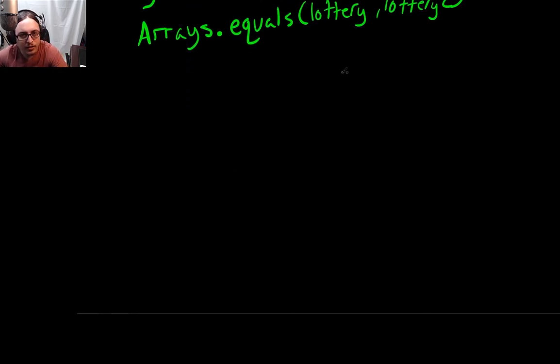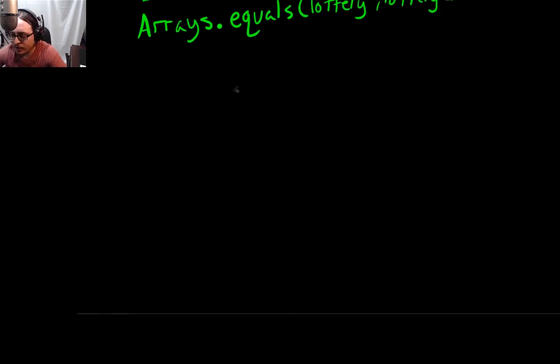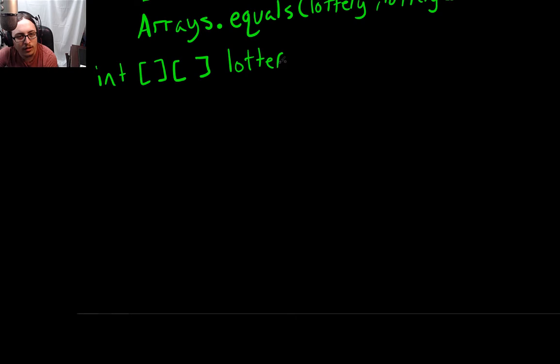An interesting thing about arrays is that they don't have to be a single dimension, right? If you wanted, you could have another variable. Let's call this one lottery group.